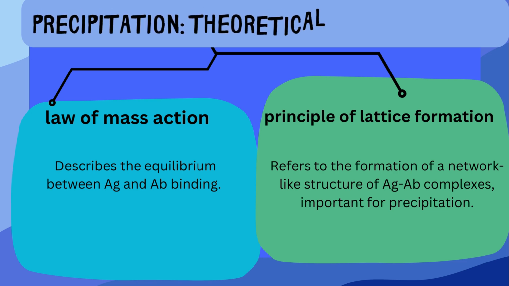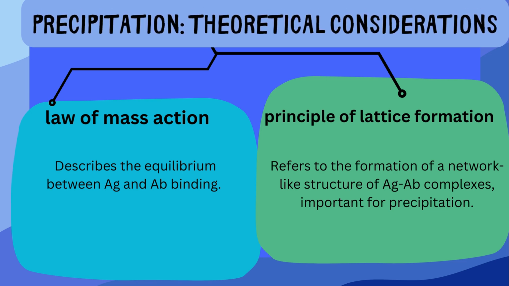So here, theoretical consideration: the law of mass action. In precipitation reactions, both the law of mass action and the principle of lattice formation play crucial roles in the formation of antigen antibody complexes. The law of mass action governs the interaction between antigens and antibodies, stating that the rate at which these molecules bind is proportional to their concentration.